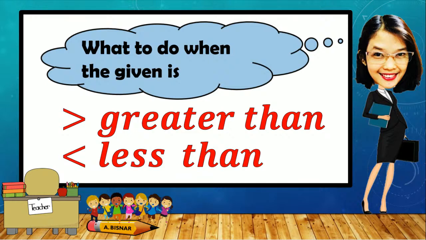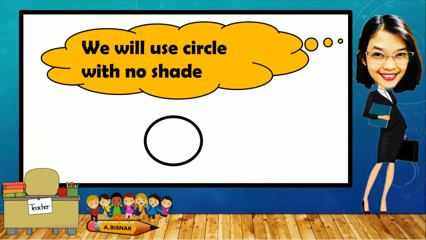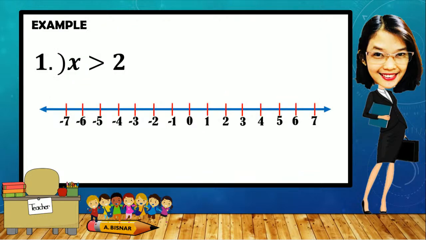So, what to do when the given is greater than or less than? Again, this is about graphing linear inequalities in one variable. So, we will use circle with no shade. Why is it so? Let us start with number 1. From the given, x is greater than 2. If we identify the values that are greater than 2, what are those numbers?